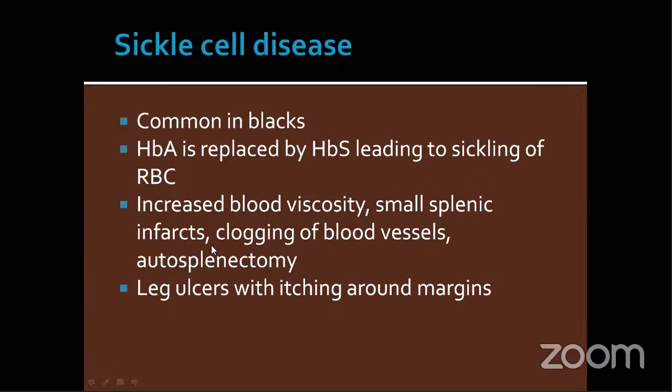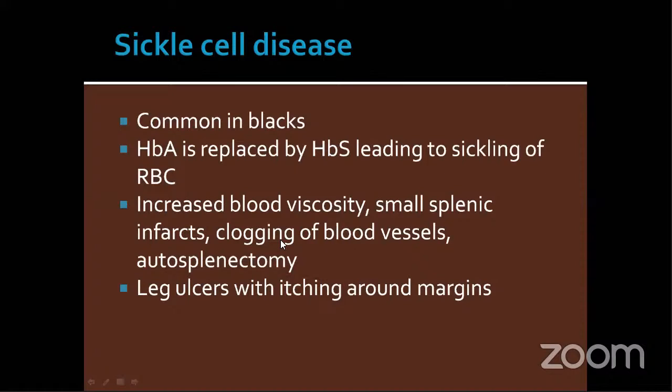So it will cause multiple splenic infarcts. So initially the spleen enlarges, and because of the infarction at multiple sites, the spleen starts shrinking, okay. So sometimes the splenectomy need not be done in these cases because of the clogging of the blood vessels and recurrent infarcts.